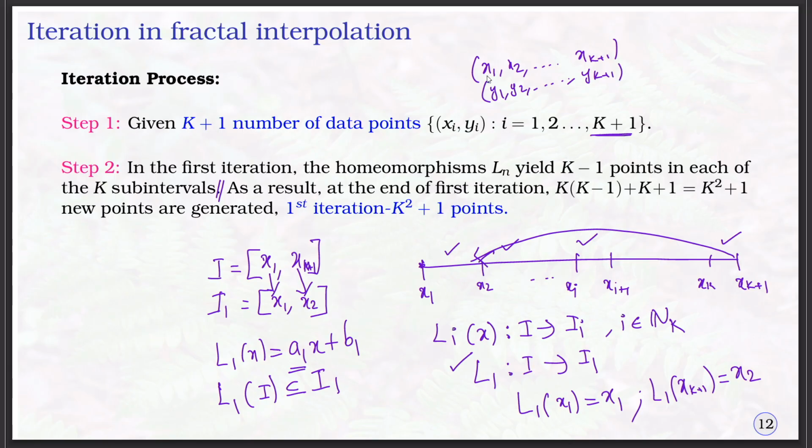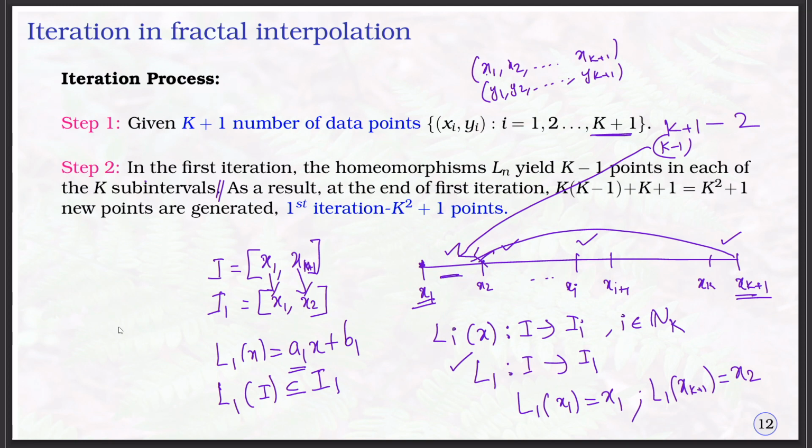If you remove the two elements x1 and xk plus 1 from the k plus 1 points, we have k minus 1 data points remaining inside this interval. So in the first iteration, applying L1 on I maps k minus 1 points inside this subinterval.